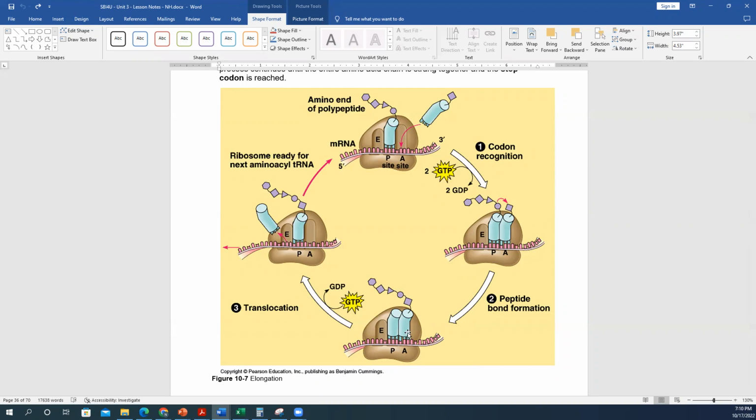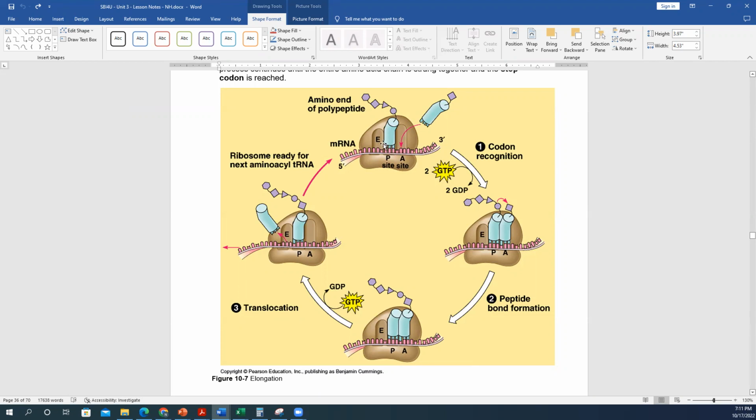And the tRNA that's carrying this growing chain moves now into the A site. And again, a peptide bond forms, this time between amino acids 2 and 3, and it just keeps going around in the cycle.